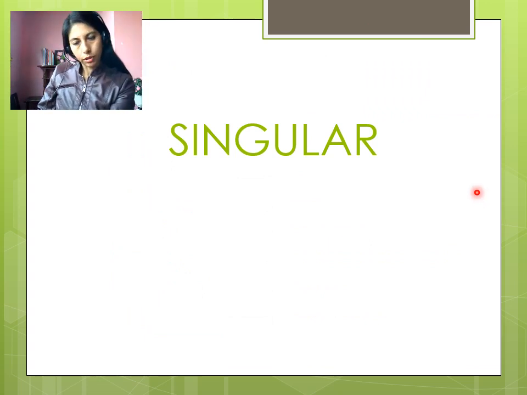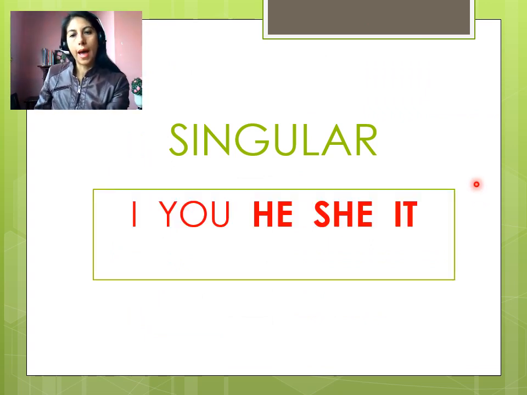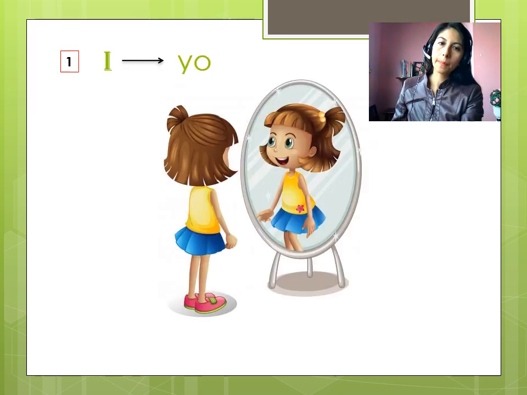Let's talk about the singular form. As you can remember, we have 5 subject pronouns in singular form. I, you, he, she, and it. I is my first subject pronoun in singular form.